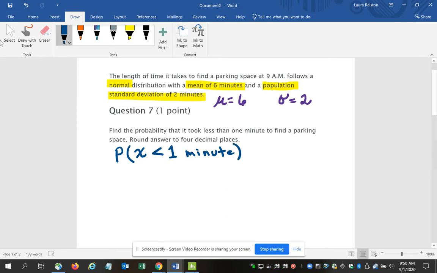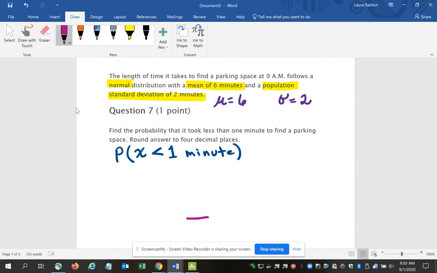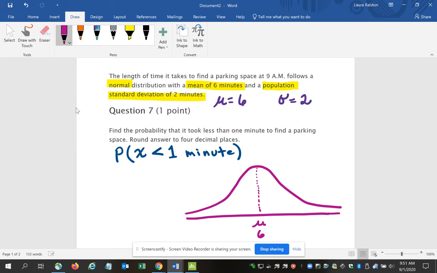I'm going to draw a picture. You don't necessarily have to have the picture in order to do it inside Minitab, but I like to look at the picture. So you have your horizontal axis, the bell-shaped normal distribution, and we know that the mean is in the middle, which is 6. That mean becomes your reference point.